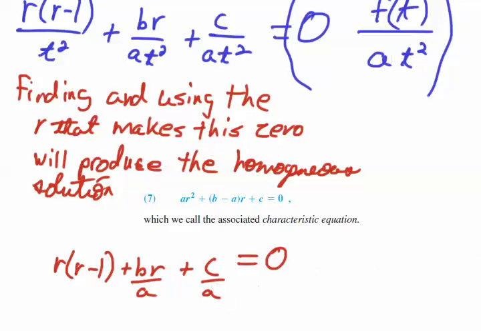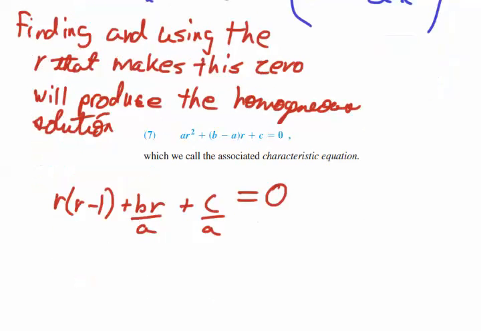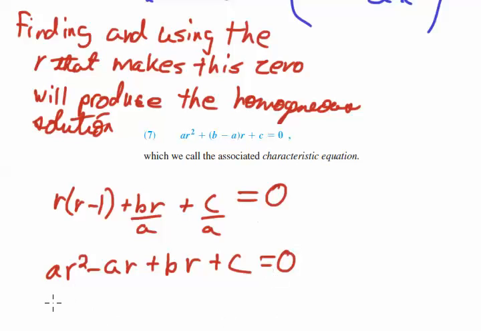And then multiply by a, we'll have ar squared minus ar plus br plus c equals 0, or ar squared plus b minus a times r plus c equals 0.